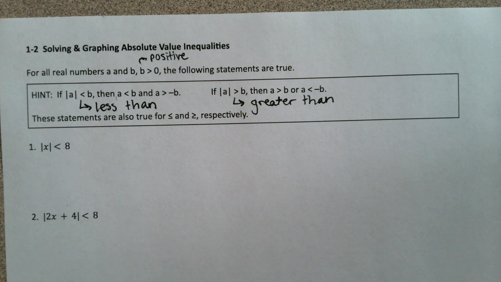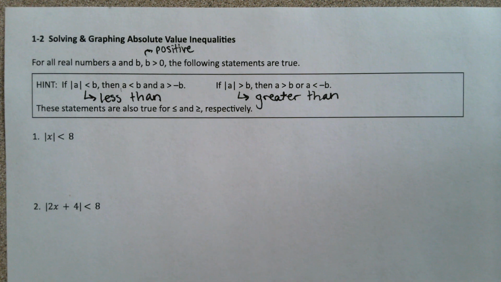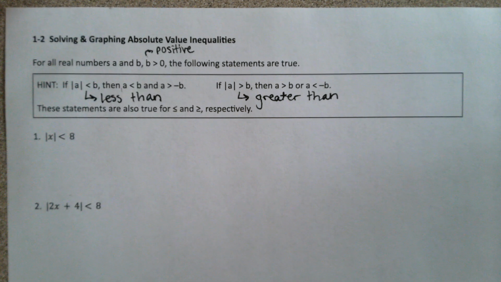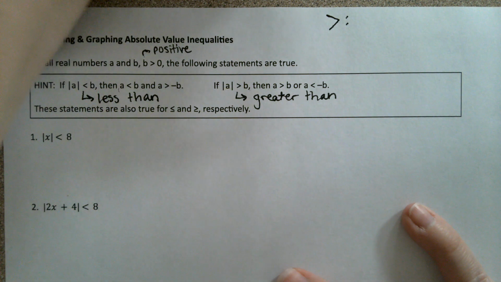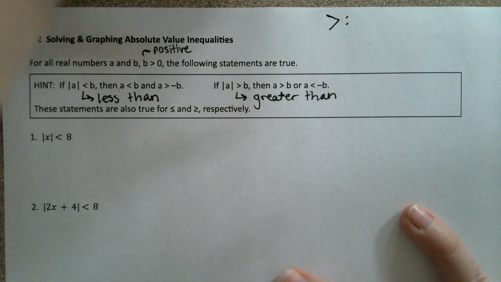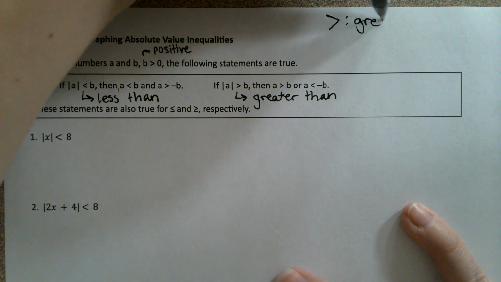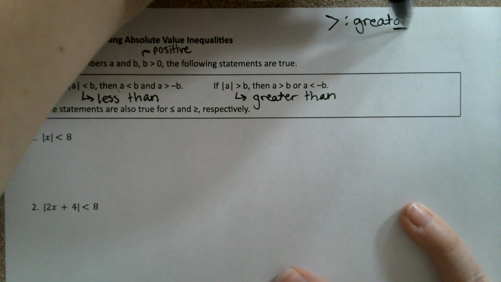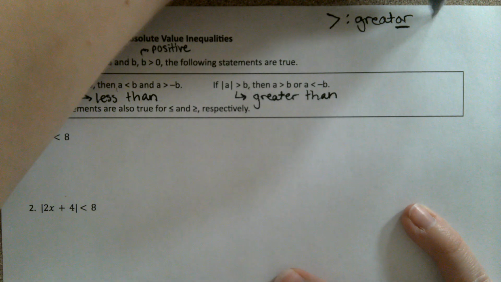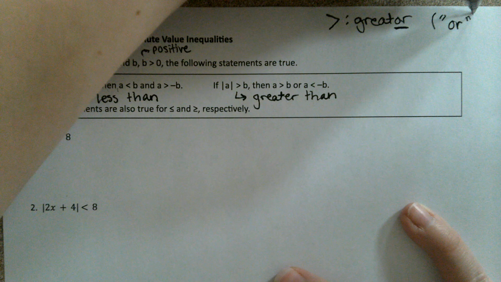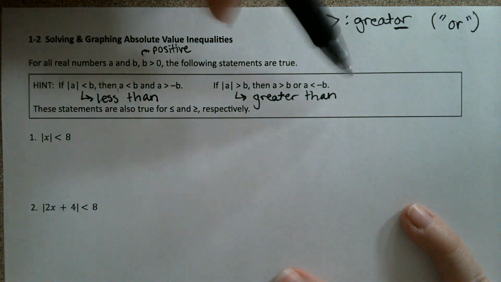Before I start solving, I want to show you a mnemonic device I use to help me with these problems. If you have greater than, I want you to think of it like this, and this is going to be intentionally misspelled. Greater than. Since it's greater than, you should have or in your answer, just like you do here.